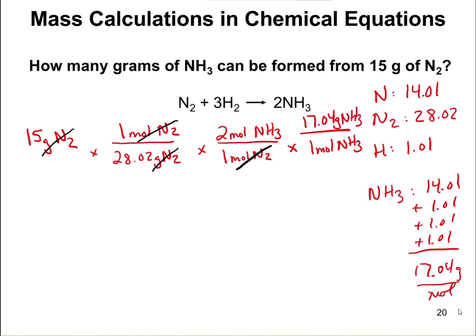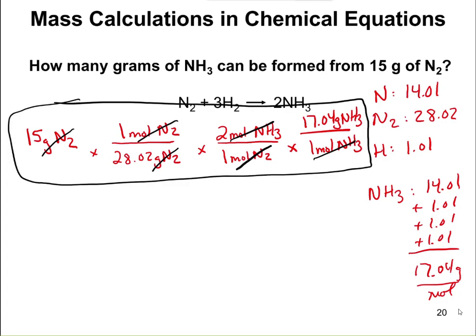I've almost run out of room here, but you can see moles of NH3 cancels with moles of NH3. So that's going to be your final expression. Now we have to type in the math on your calculator.